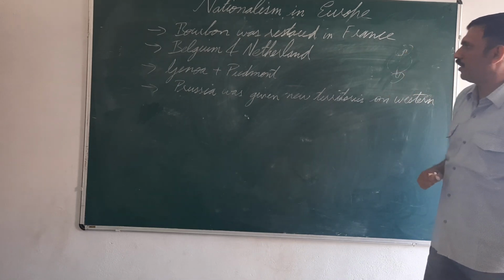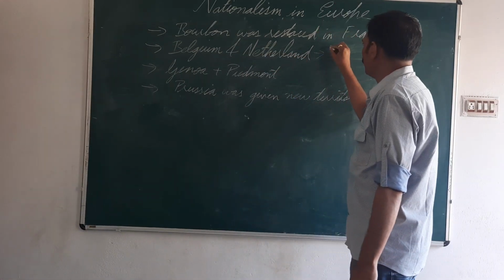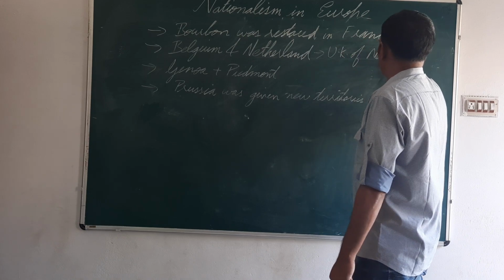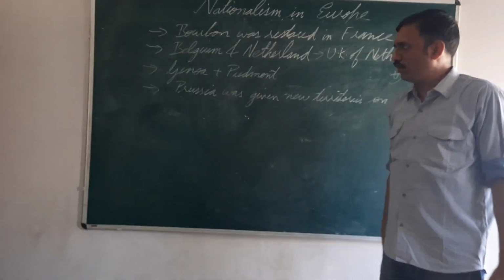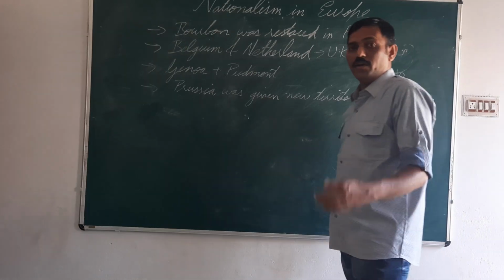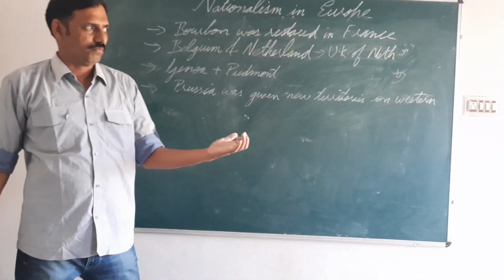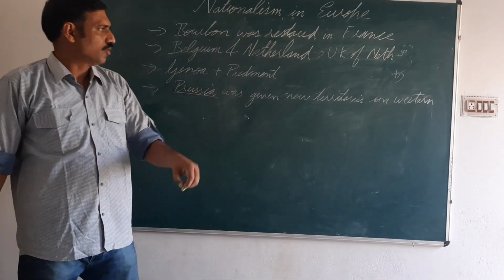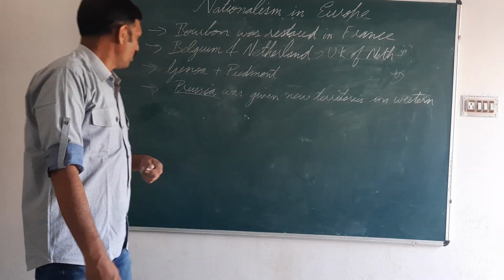With this aim, Belgium and Netherlands were joined together and the United Kingdom of the Netherlands was formed. Genoa was added to Piedmont in the south. Prussia was given new territory. In defeating Napoleon, Prussia played an important role, so it was given an important territory on the western frontier.